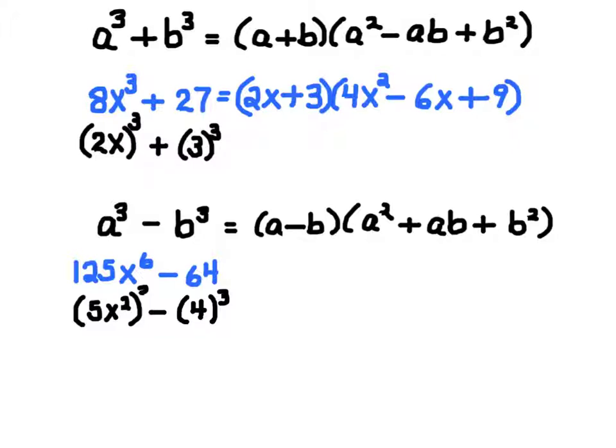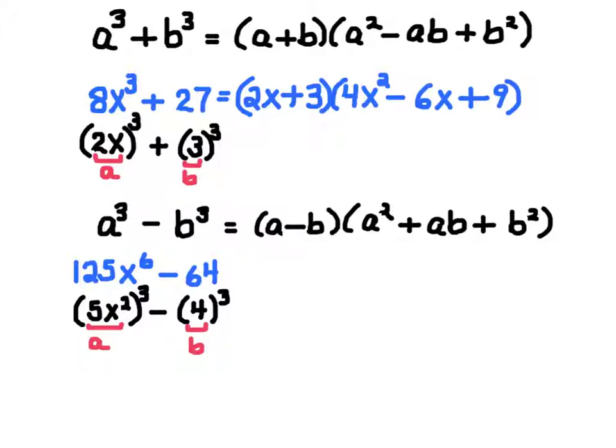Put a cube here. Now let's just remind ourselves, in our previous example, our a was 2x and our b was 3. That was the cube root of these two terms. Here, our a is 5x squared and our b is 4, because these are the cube roots of the first and the second term.